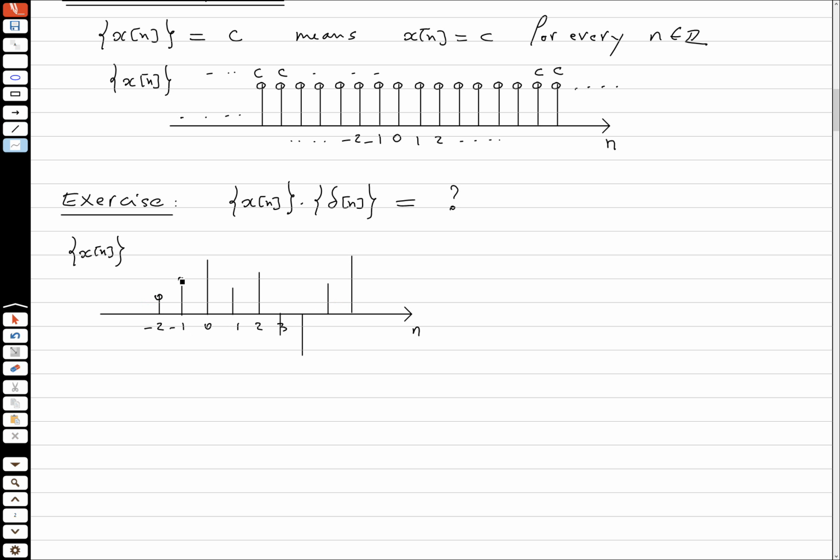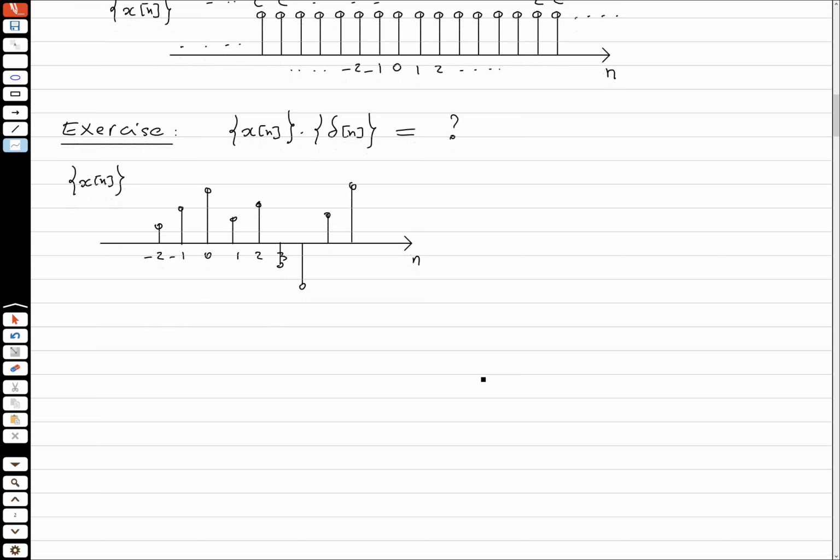Whatever. You want to multiply x of n by delta of n.